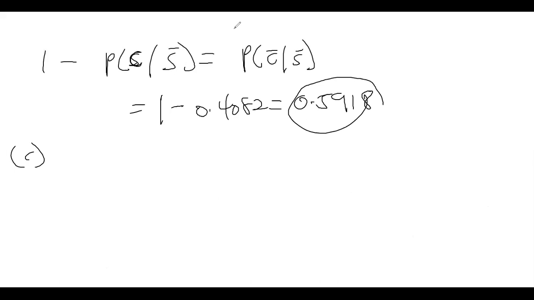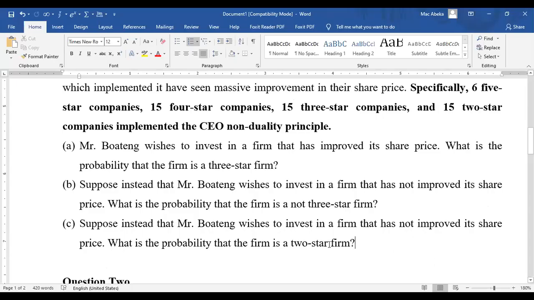Now the final part says, suppose instead that Mr. Boateng wishes to invest in a firm that has not improved the share price. What's the probability that it is a 2-star firm?